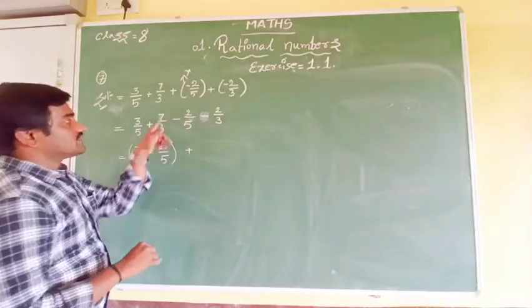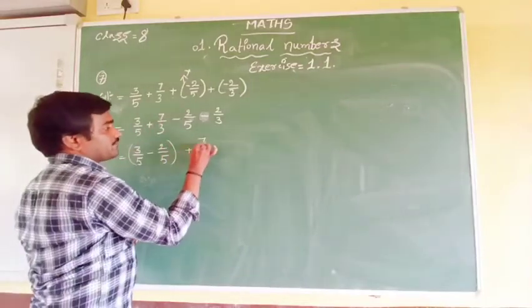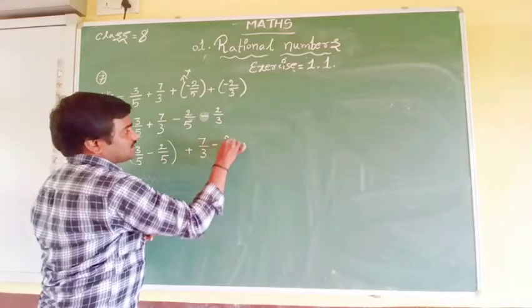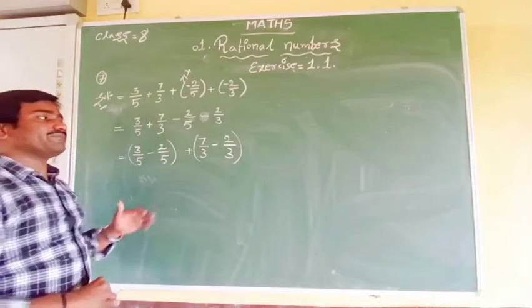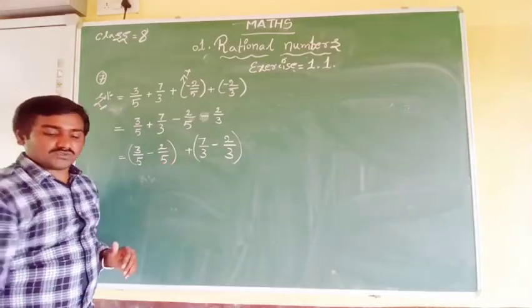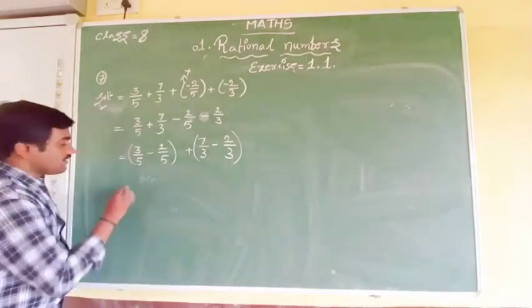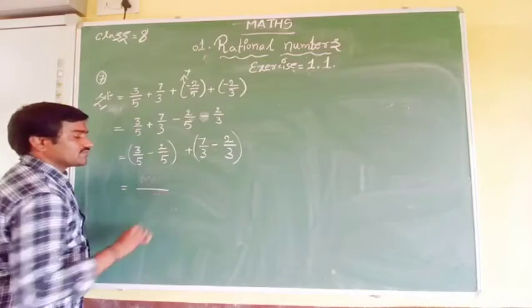Plus 7 by 3 minus 2 by 3. These two are again like fractions, so let us solve this. If there are like fractions, it is easy to do.